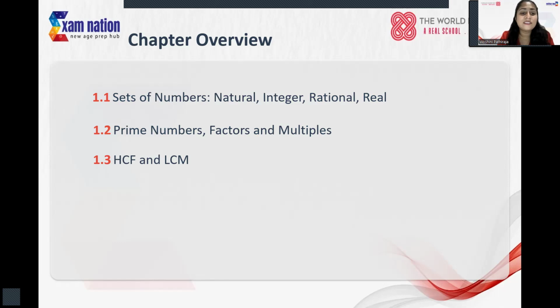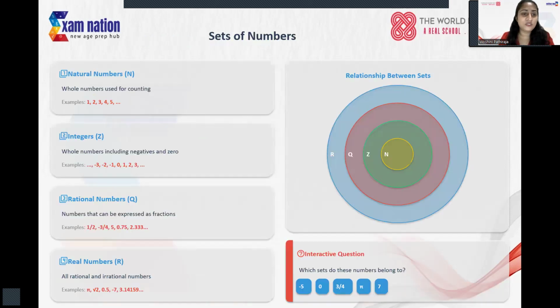The second chapter is prime numbers, factors, and multiples. At last, we will discuss the highest common factor and the least common multiple. Those are the sub parts I'm going to discuss with you today.